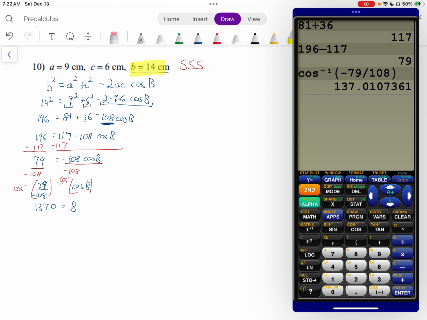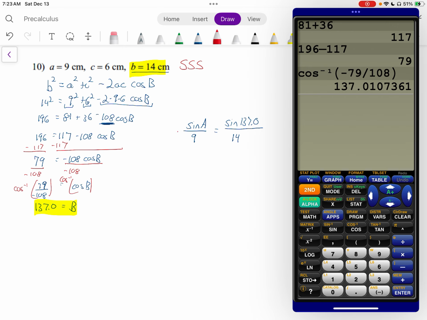So we know side B and angle B, and we can choose one of these sides. Let's go ahead and use A. So we want to find angle A. So let's do sine of A over side A, which is 9, equals sine of 137.0 over 14.